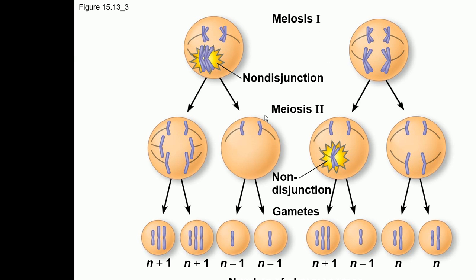But when this other cell undergoes meiosis 2, it will result in the formation of one cell with three chromosomes and one cell with one chromosome. So in this kind of situation, two gametes will have the correct number of chromosomes, but one cell will have one extra chromosome and one cell will have one less chromosome.